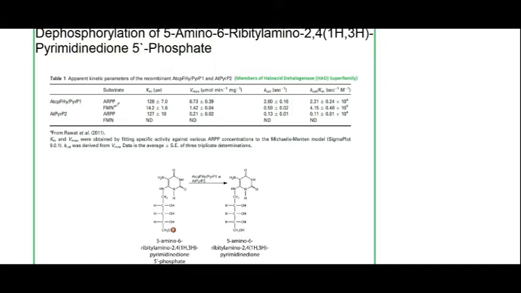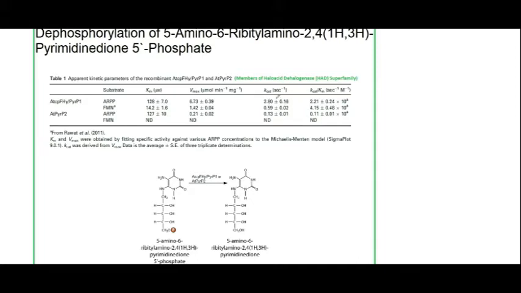The ARPP, which is this 5-amino 6-ribitylamino 2,4(1H,3H)-pyrimidinedione 5' phosphate, which is what ARPP is short for, is binding well, about an order of magnitude less binding affinity than the FMN, but it's about 3 orders of magnitude better at turnover rate.